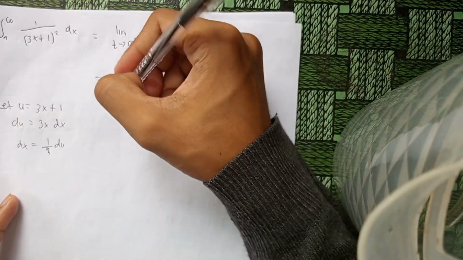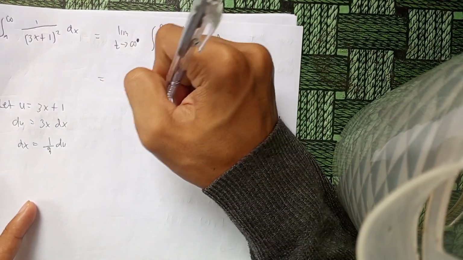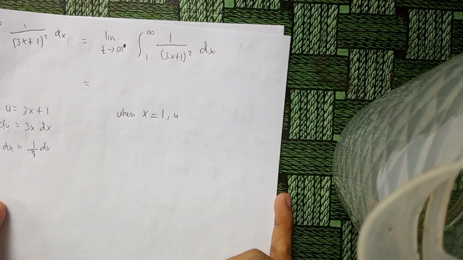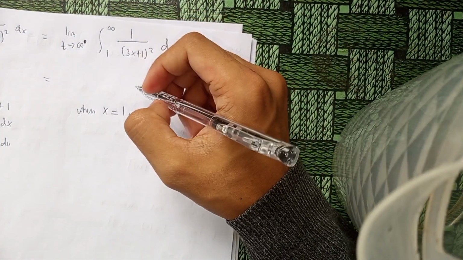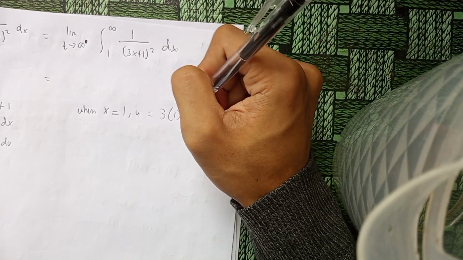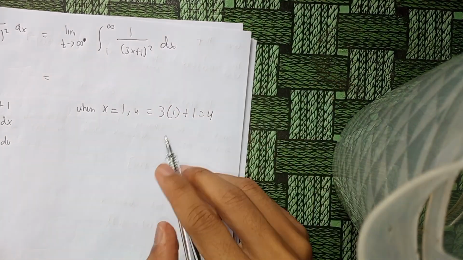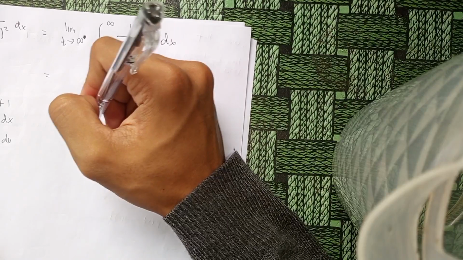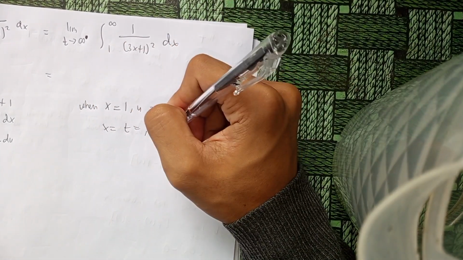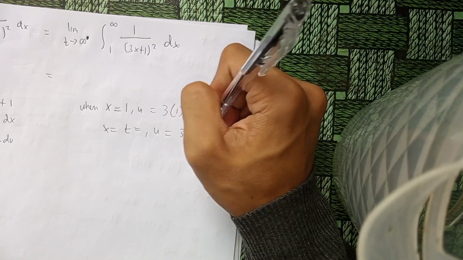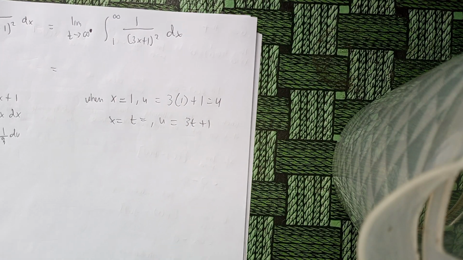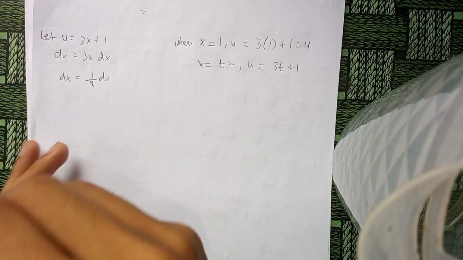Then when x is equal to 1, our u is equal to 3 times 1 plus 1, which is 4. When our x is equal to t, then our u will become 3t plus 1. Then let us now proceed.